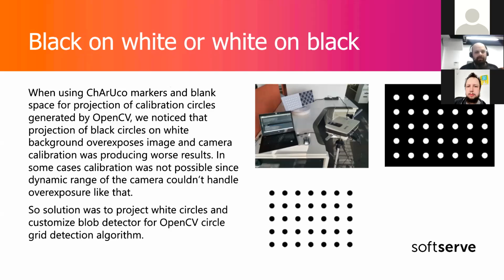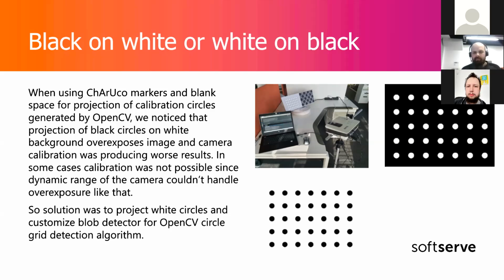This was quite an interesting thing because when we started our calibration with Charuco markers and we generated our calibration pattern for the projector, by default the pattern is generated using black circles on a white background.